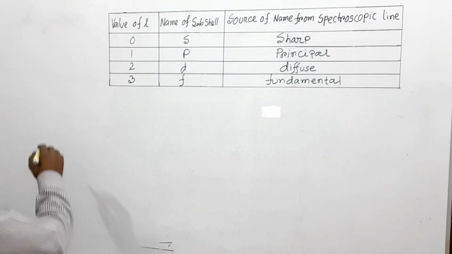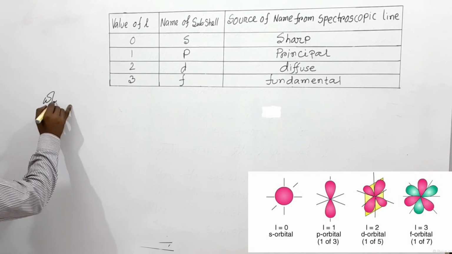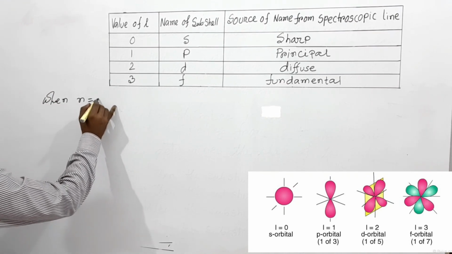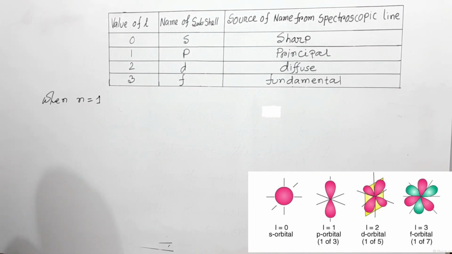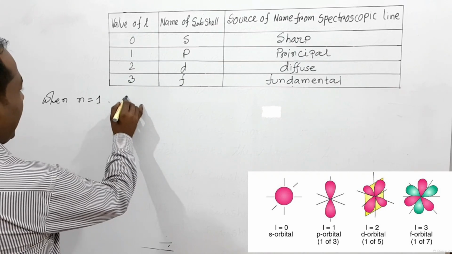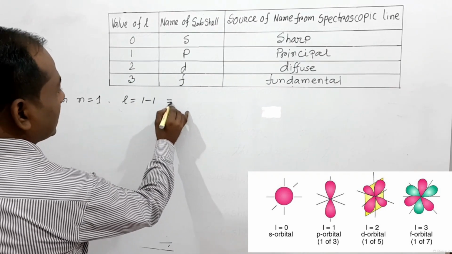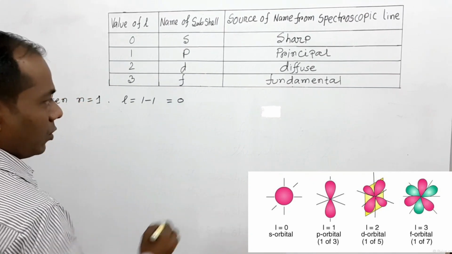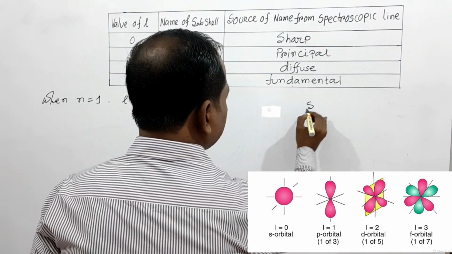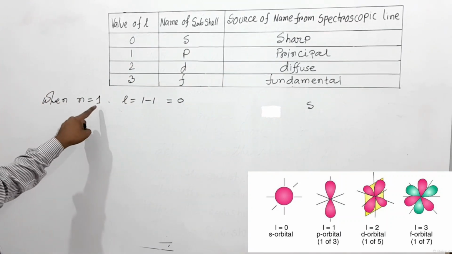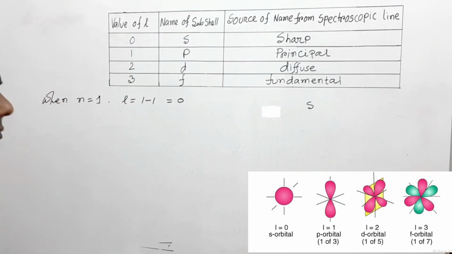Now, here we see that when n equals 1, that means the value of principal quantum number equals 1, then L equals 1 minus 1, that means 0. So, we get only S subshell in the first shell.